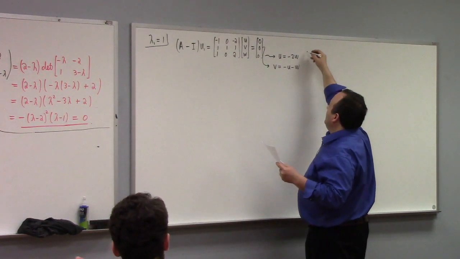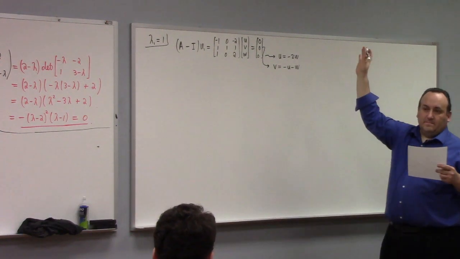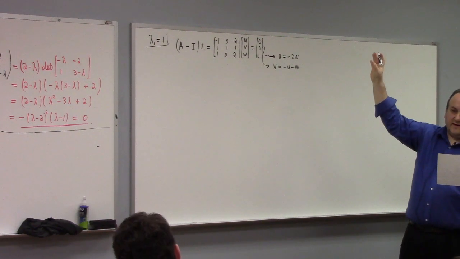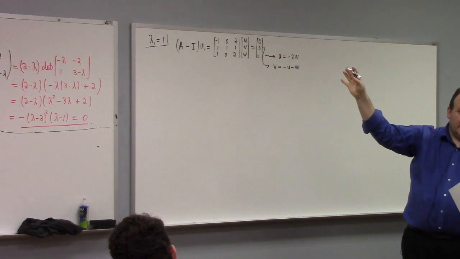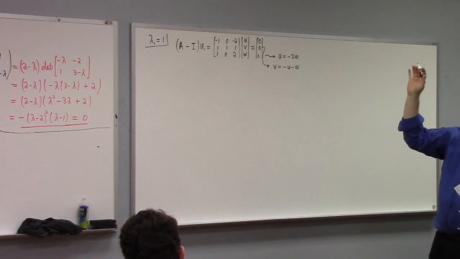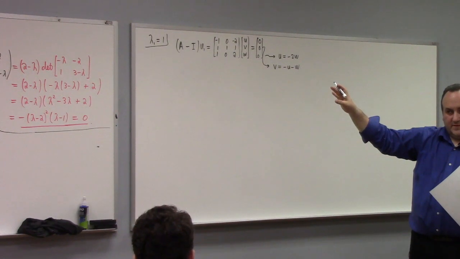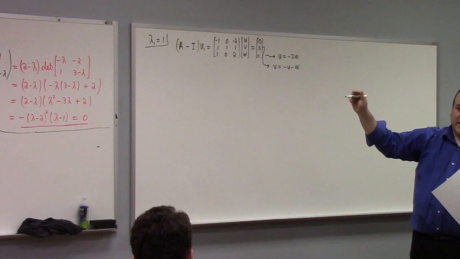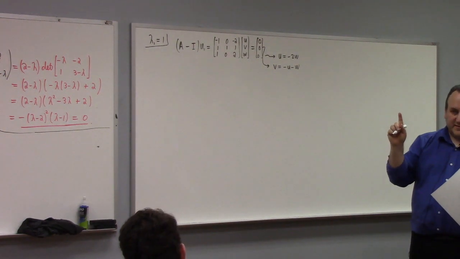So at this point, let me just explain my logic, guys. There's theory here. The theory says that the number of eigenvectors you can find is at most the algebraic multiplicity of the eigenvalue. So if the algebraic multiplicity is 1, I will only find one eigenvector up to scalar multiplication.